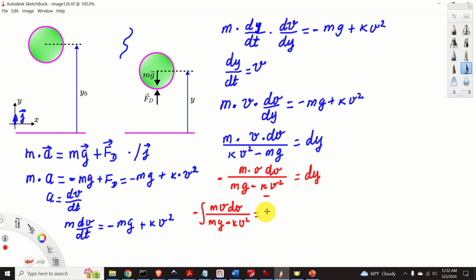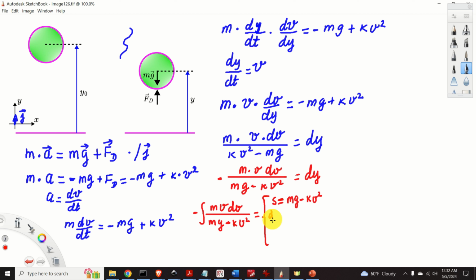Over here, we will use the substitution. What is the substitution over here? I will introduce a new variable called s, and I will say that s is equal to mg minus kv squared.